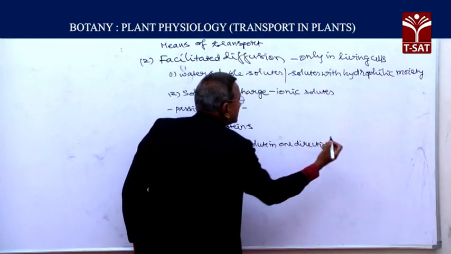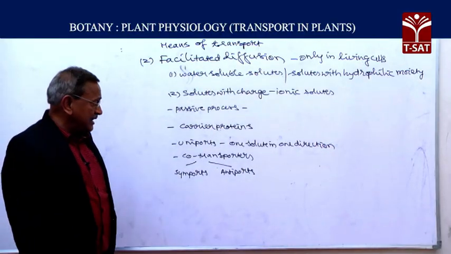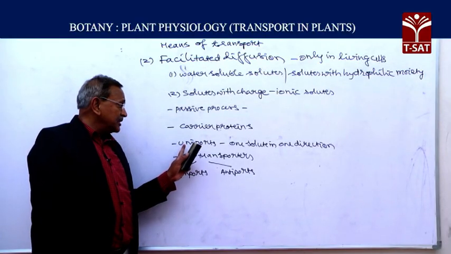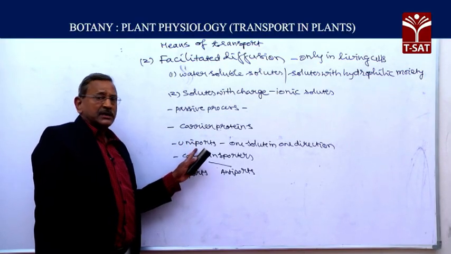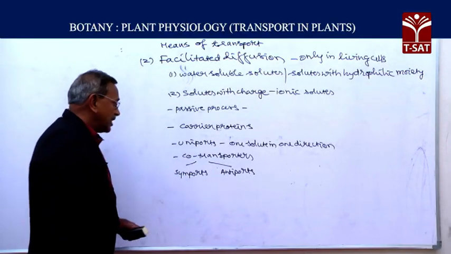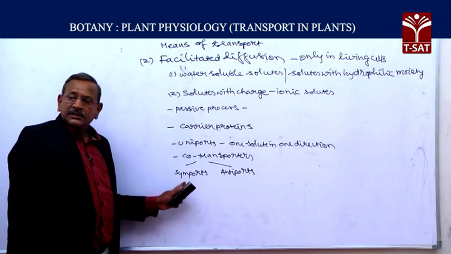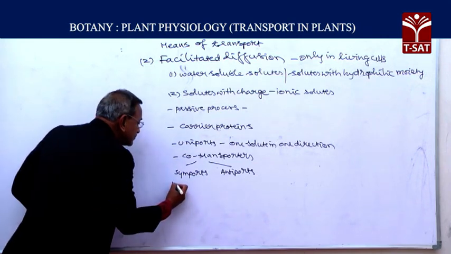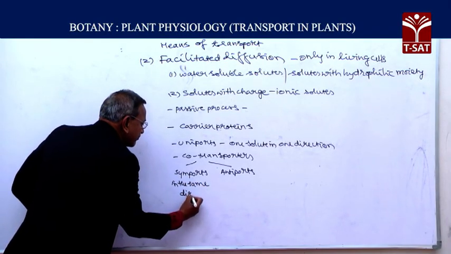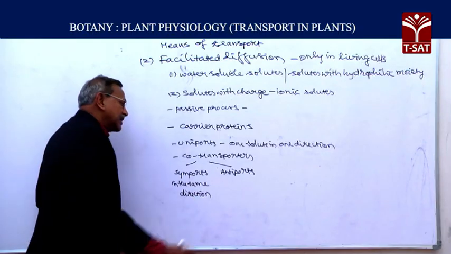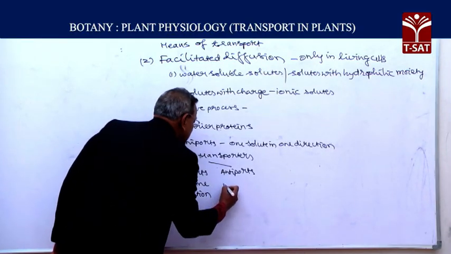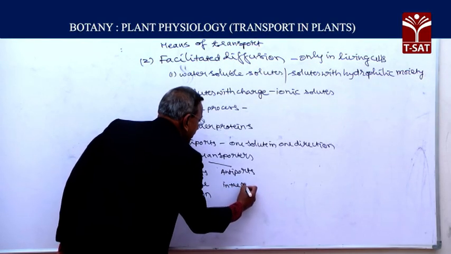If the transport is one solute in one direction, the carrier protein is called uniporter and transport is called uniport. And when two or more ions are transported in the same direction, it will be called symport. In opposite direction, it will be called antiport.